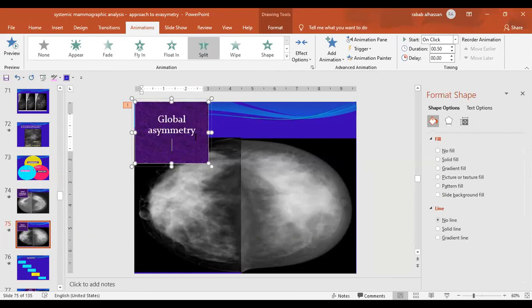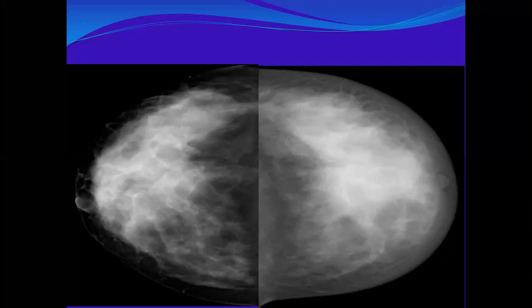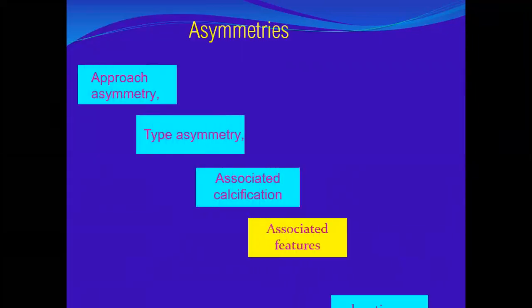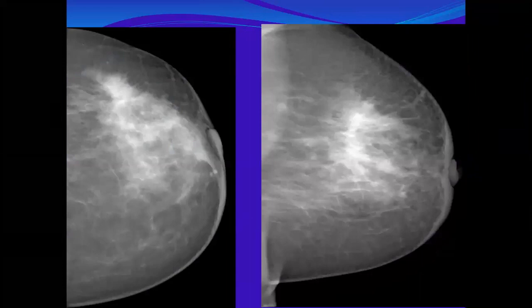But it was not inflammatory carcinoma. I think, if I remember, lobular or something. Okay. So regarding BI-RADS 4 or 5, regarding the associated features.